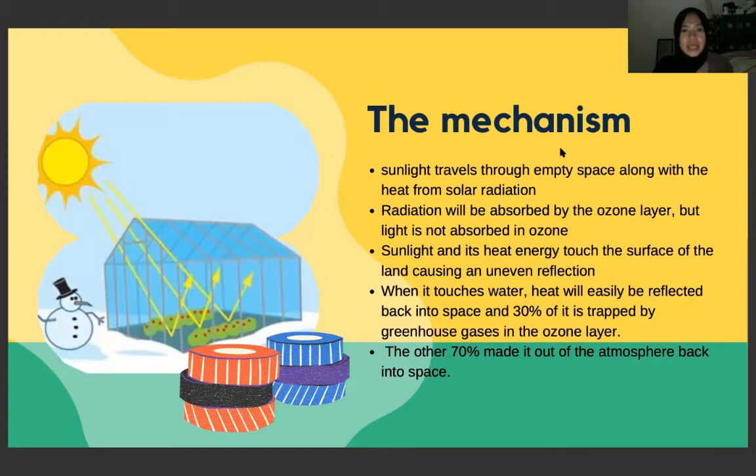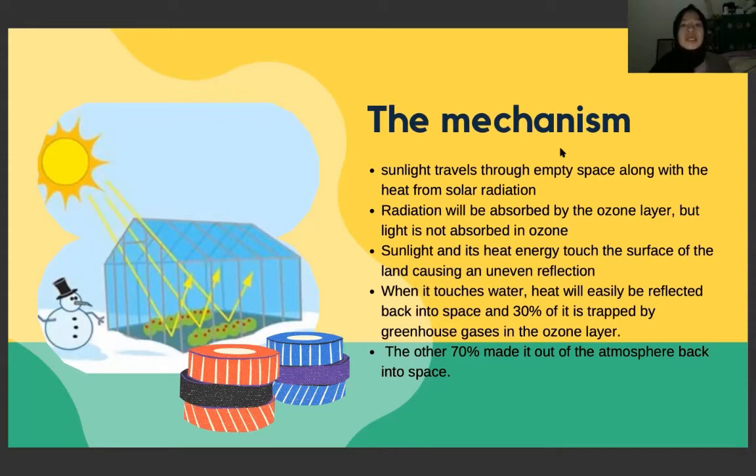And the next is the mechanism of the greenhouse effect. The process of the greenhouse effect is related to the solar heat flow cycle. Approximately 30% of solar radiation that reaches the ground is reflected back into space and is absorbed by steam, carbon dioxide gas, nitrogen, oxygen, and other gases in the atmosphere.